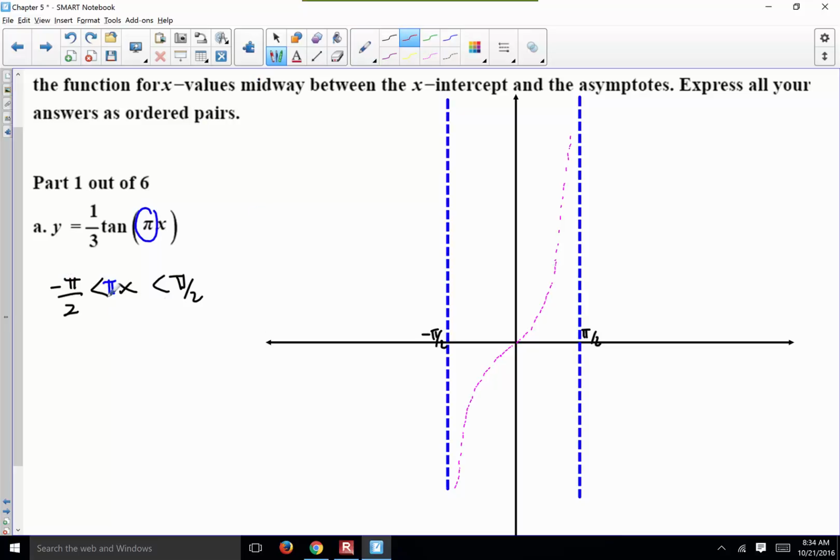Alright, all we need to do is get rid of this pi. So how do I get rid of the pi in front of x? What operation do we do on all three sides? Divide by pi. Divide by pi, divide by pi, divide by pi. So we have all these gone.